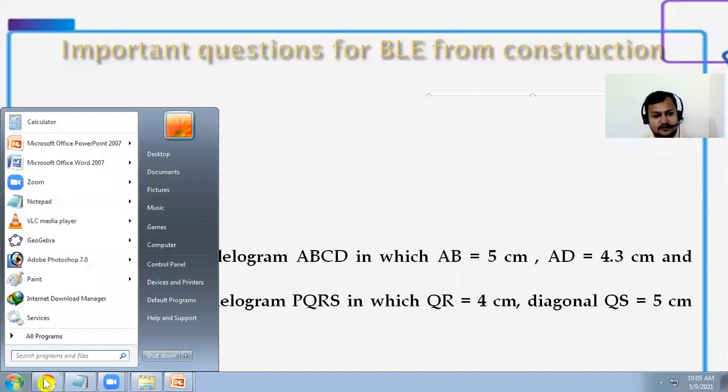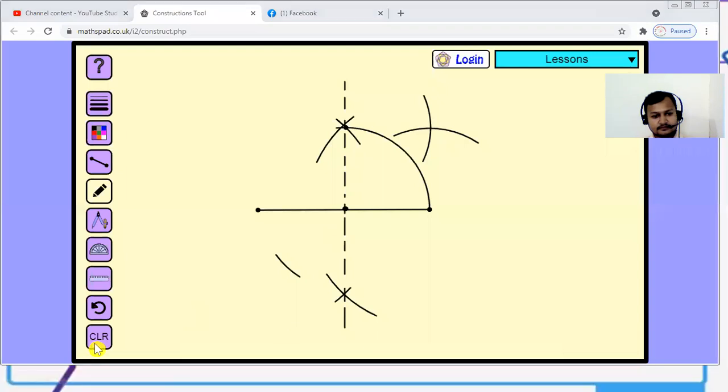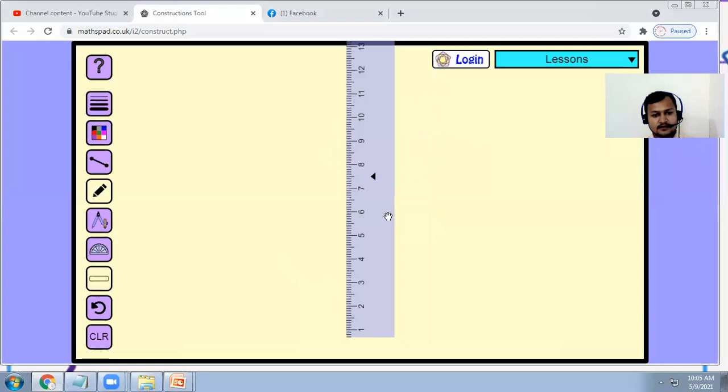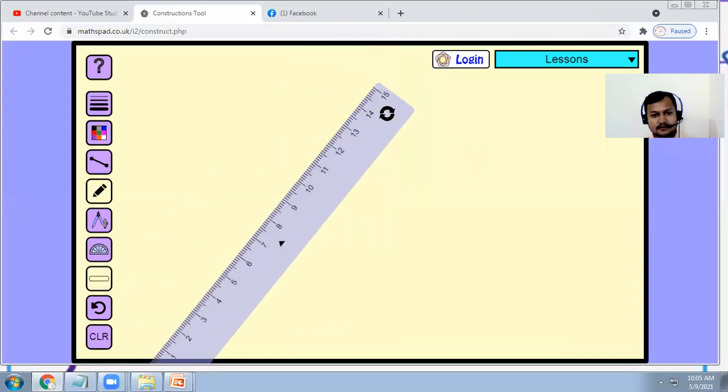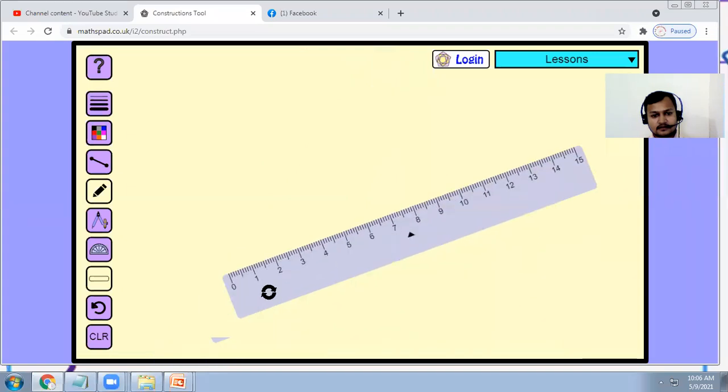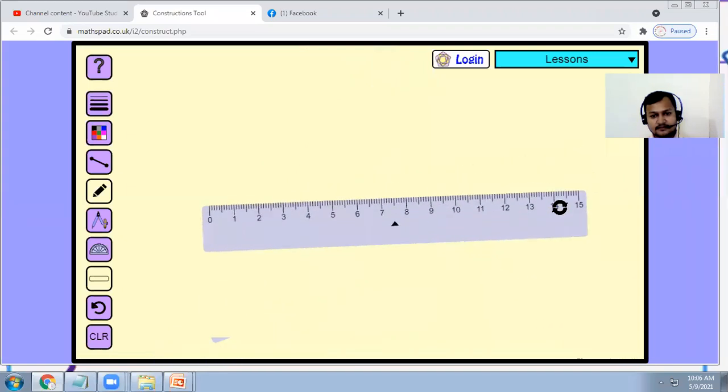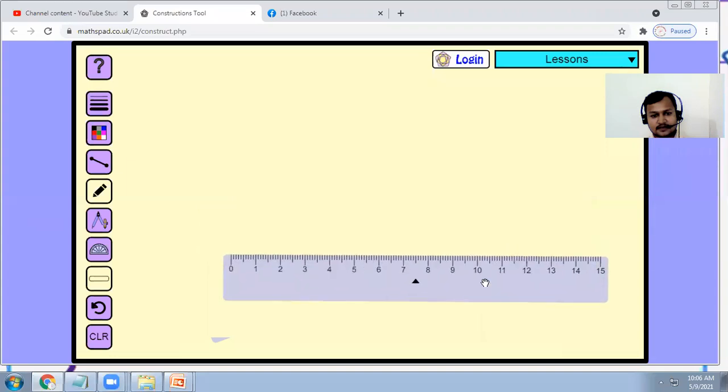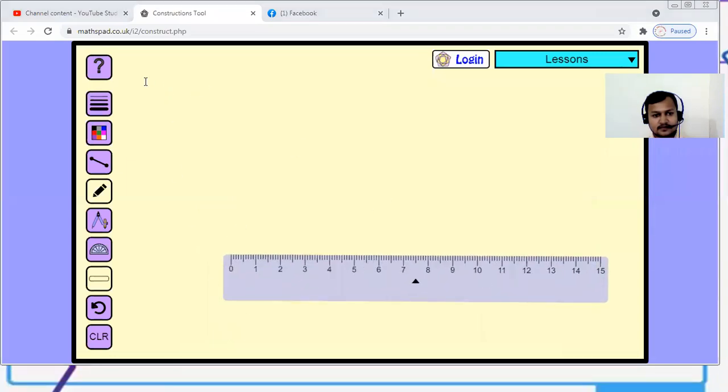So look at its actual drawing now. Take a line segment of length 5 centimeter whose name is AB. This is the solution of question number 10. Okay.